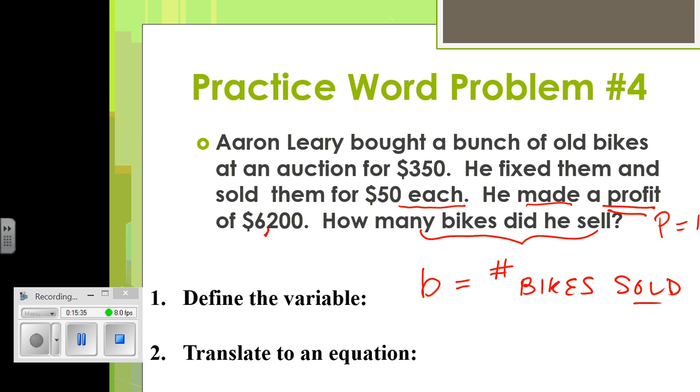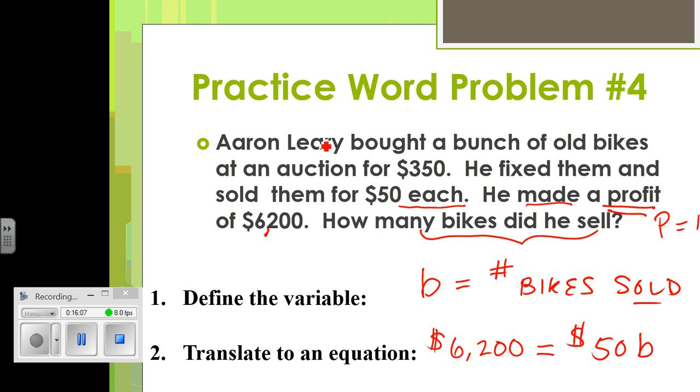One of these numbers in here is Aaron Leary's expenses, or his investment, if you will, in this bike business. Okay? So translating to an equation, the $6,200 profit that he has made was equal to the $50 each for each bike that he has sold. $50 times B, $50 for each bike sold.